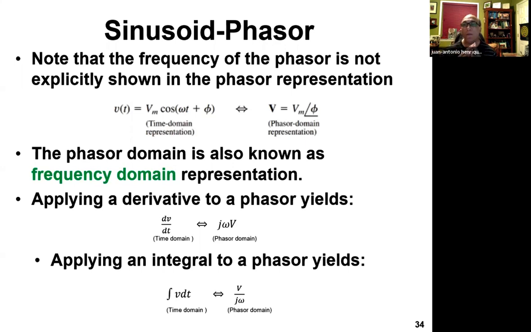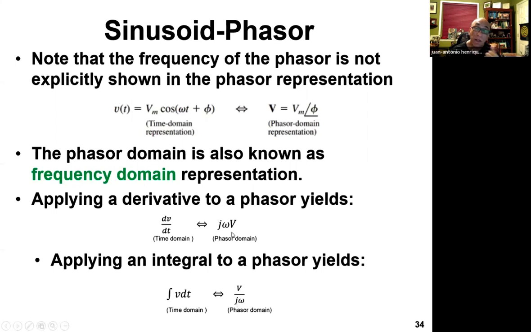If, for example, we're looking at the derivative of a function and we apply phasors to it, it becomes a product. You'll see how that has very interesting applications a little later. Representing this expression as phasors becomes the product of j omega times the function V. If we integrate in the time domain, in the frequency or phasor domain we simply divide by j omega.